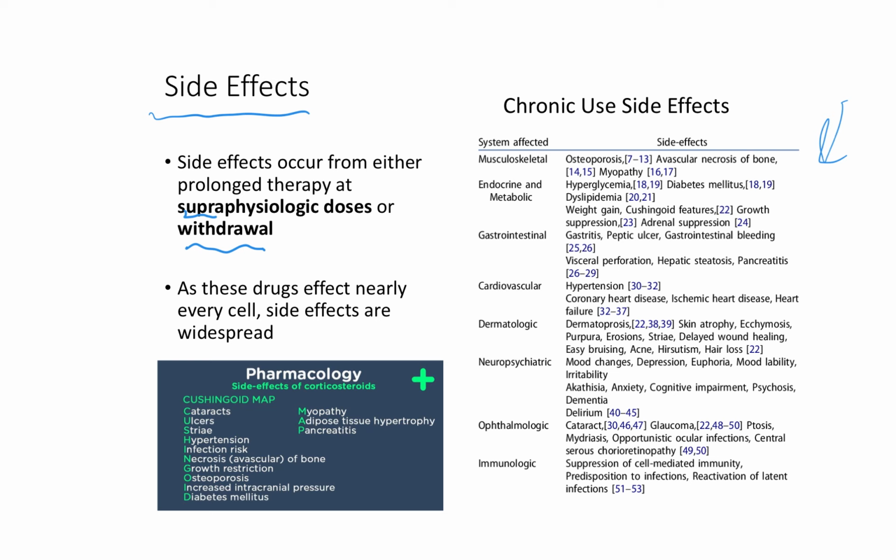There's some great mnemonics that you can find online, like this is Cushingoid Map, to help you remember cataracts, ulcers, striae, hypertension, infection risk, necrosis, growth restriction, osteoporosis, increased intracranial pressure, diabetes, myopathy, adipose tissue hypertrophy, pancreatitis.